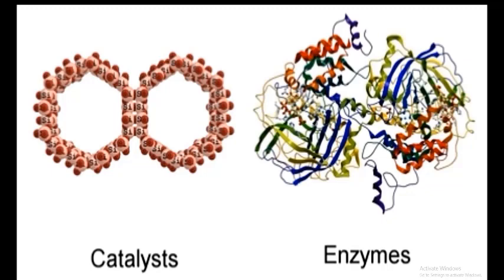Enzymes can be regulated. Types: catalysts are positive catalyst or negative catalyst; enzymes are activation enzyme or inhibitory enzyme. Conditions required: catalysts need high temperature and pressure; enzymes work under mild conditions of physiological pH and temperature. Examples: catalysts are platinum, copper; enzymes are amylase, lipase.